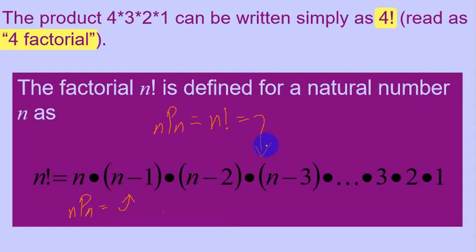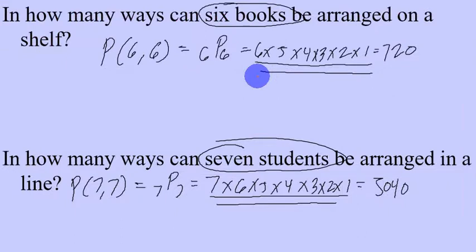So if we are going to go back to our previous examples, we can rewrite this: 6P6 is actually equal to 6 factorial, which will still be equal to 720. And the 7 students, the permutation of 7 taken 7, or sometimes more colloquially read as 7P7, can be written as 7 factorial, which would be equal to 5040.